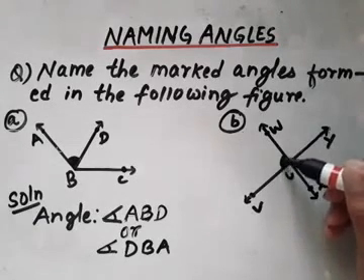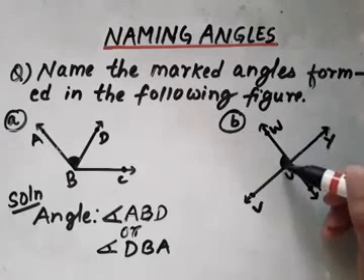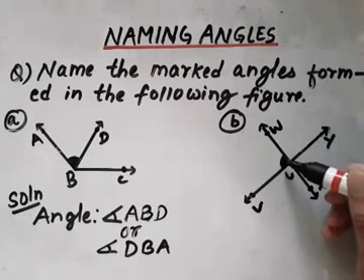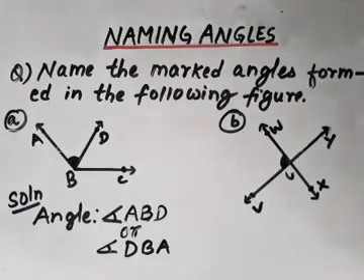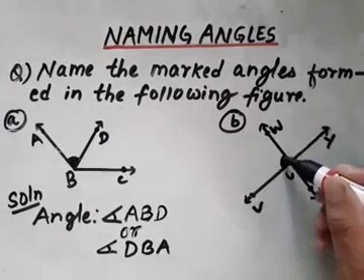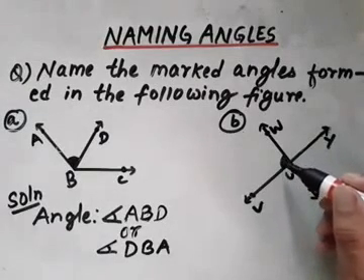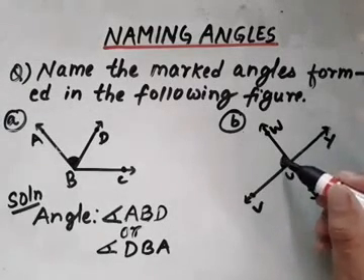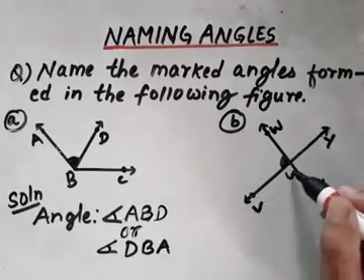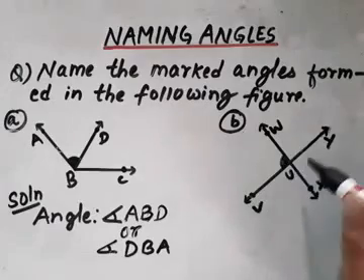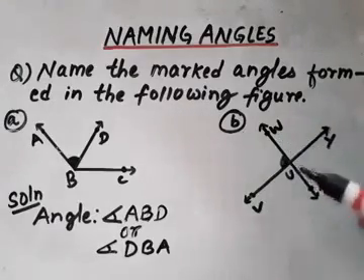Before naming this angle, first of all you must know which two arms have made this angle. So students, as you can see clearly, the marked angle is this, and this angle has been formed with the help of arm VU and arm WU.